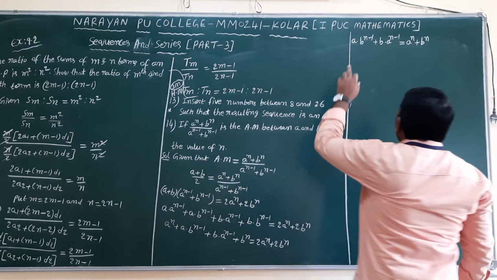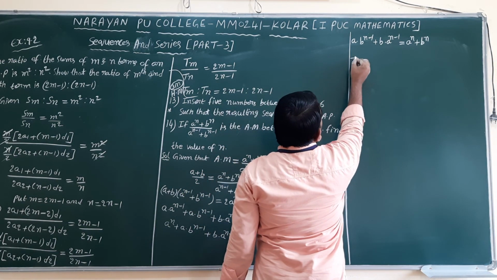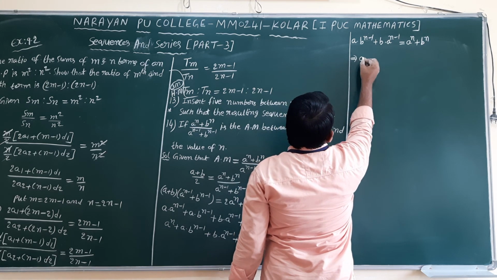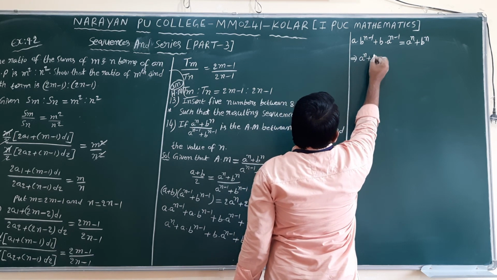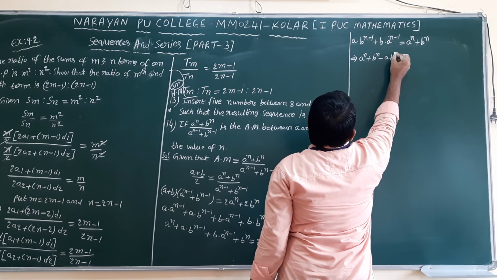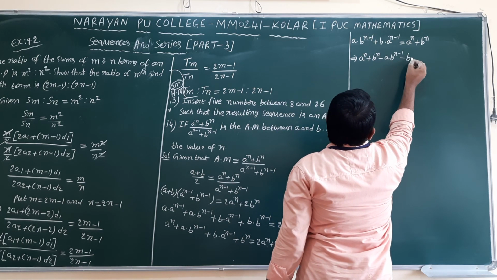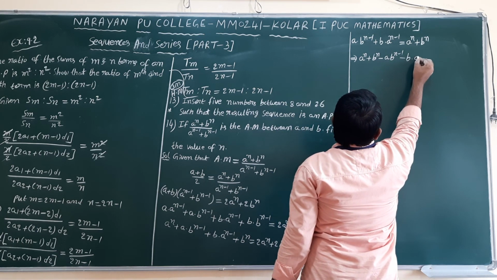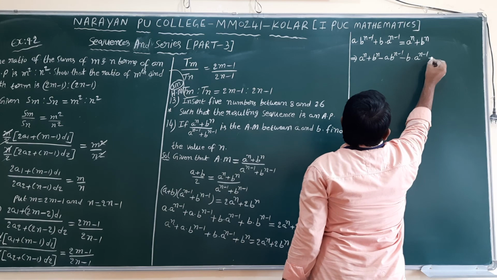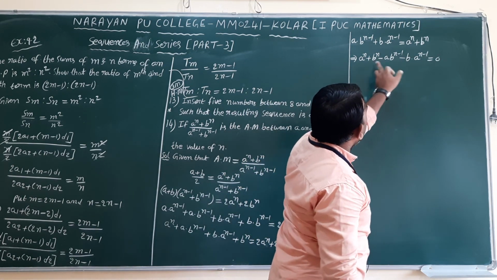Now all the terms we will send to the right side: a power n plus b power n minus a b power n minus 1 minus b into a power n minus 1 equal to 0. So b terms and a terms, write on one side.